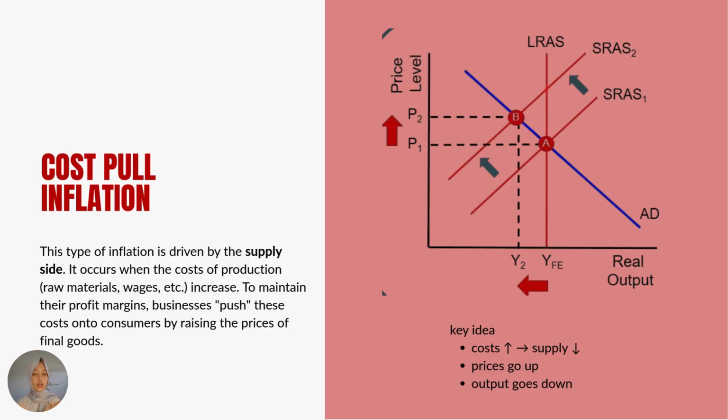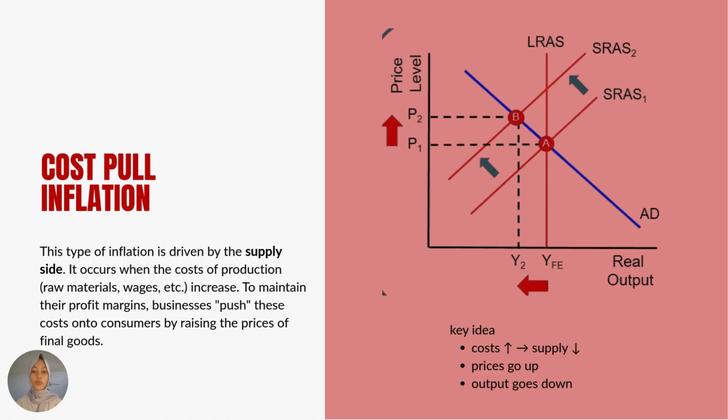This is the graph of cost pull inflation. I'm going to explain a little about the graph. When costs go up, firms have to spend more to produce goods and services. Because production becomes more expensive, firms choose to produce less. So the supply goes down.